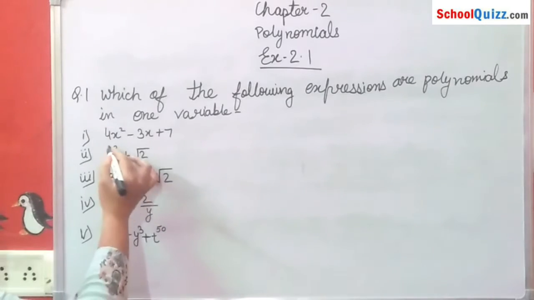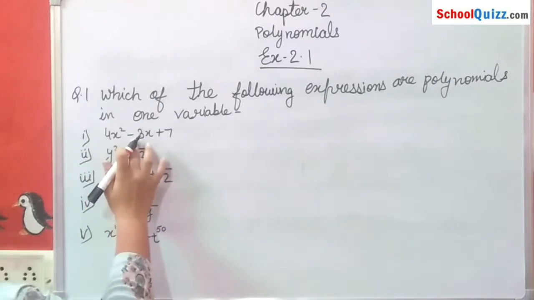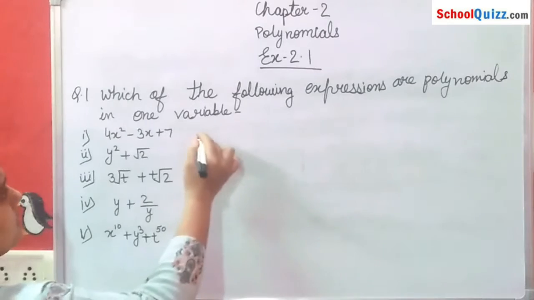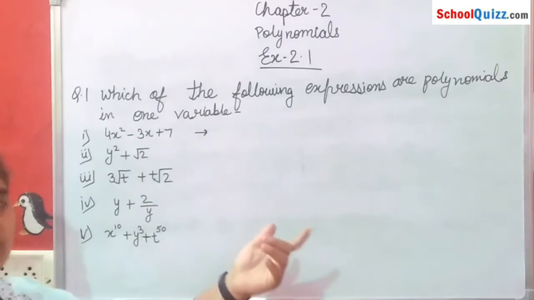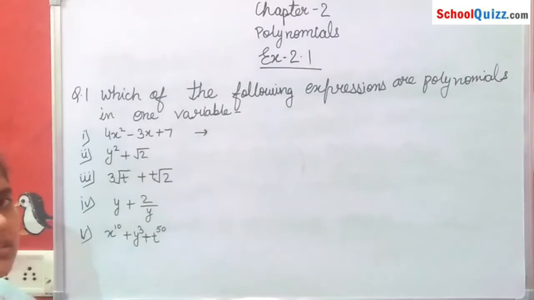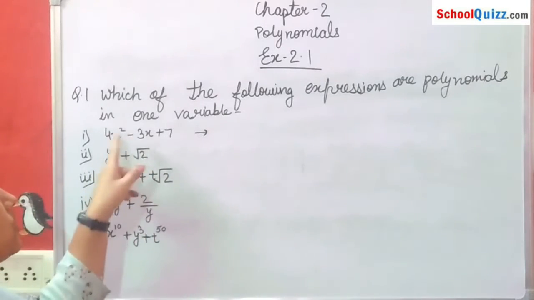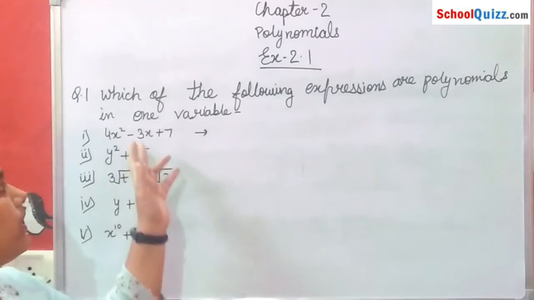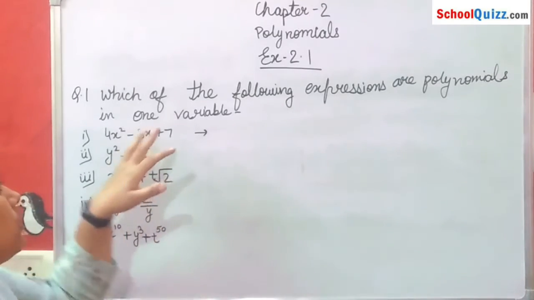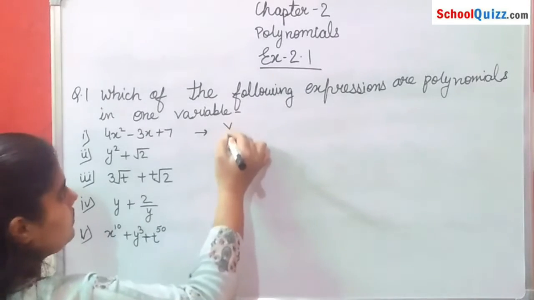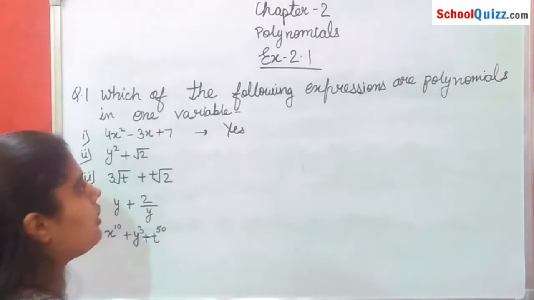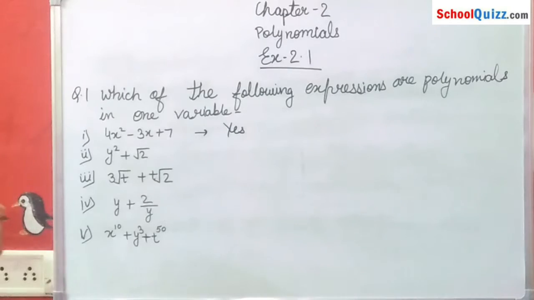In the first one we have 4x squared minus 3x plus 7. Is there only one variable used in the expression? Yes, only x is used. So this is a polynomial in one variable.